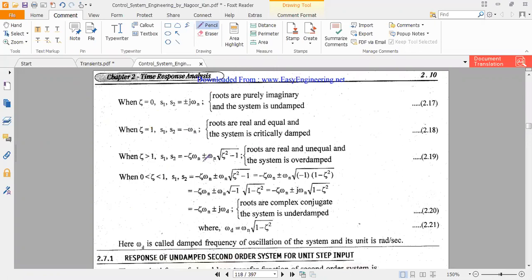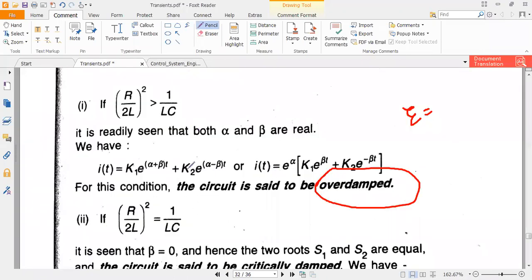In the first case, how did the roots come? The roots are real and unequal, because the first term in the square root is greater than the second term. So the part inside the root is positive, and the roots are real and unequal, not just positive. Why unequal? Because in the first case s1 is not equal to s2.